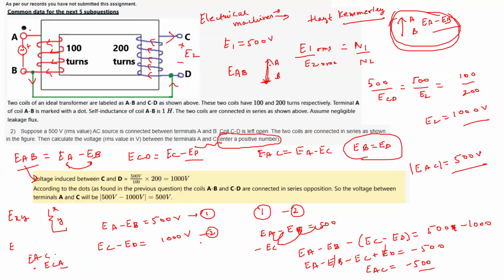Between can be anything, between A and C or between C and A, so for both it is valid, right? So that is why, to eliminate the confusion, they have asked you to enter a positive number. If these kinds of ambiguous questions are there, then they will definitely mention something, like enter a positive number. So don't worry.